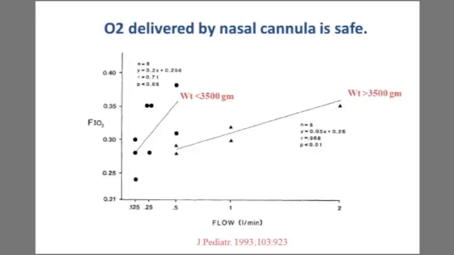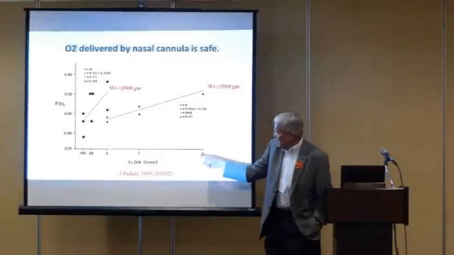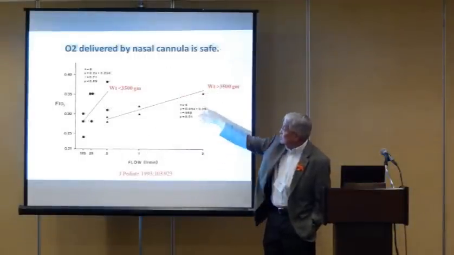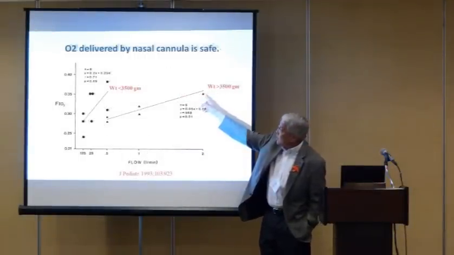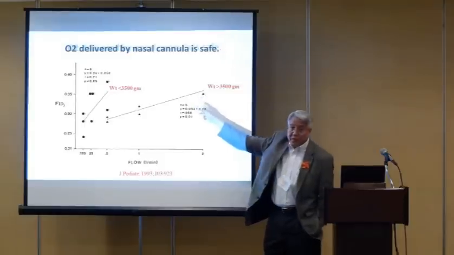One can see that in the smaller babies, a small increase in a low liter flow raises their FiO2 quite a bit, and they could get up to 40%, even on maybe half a liter or so. But in older kids, even at 2 liters, this one patient never got above 35%.